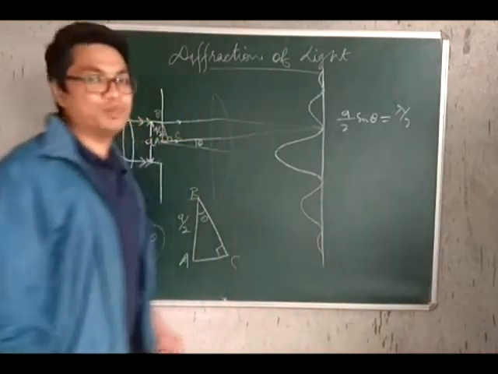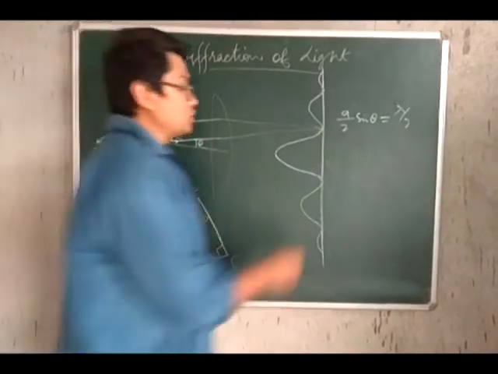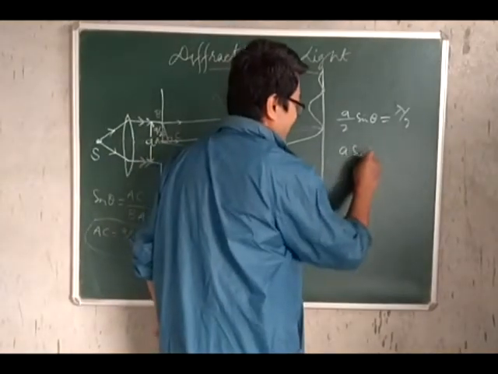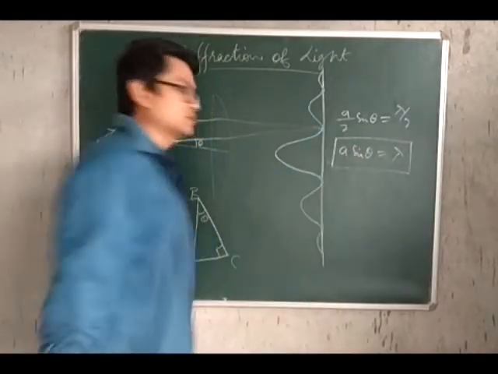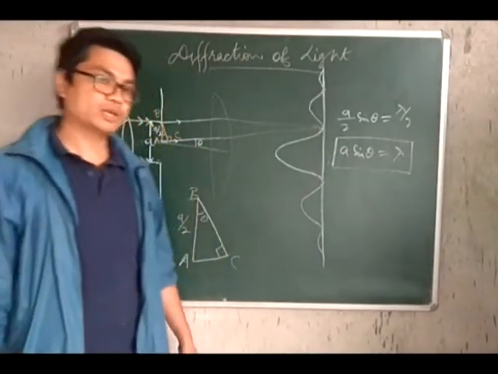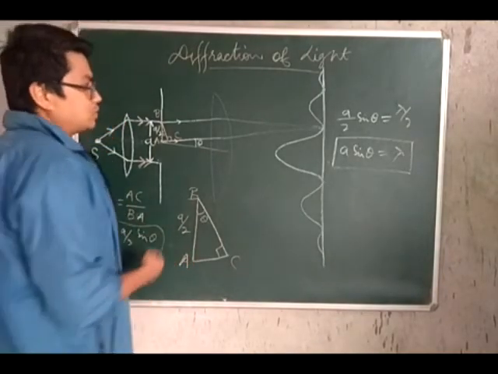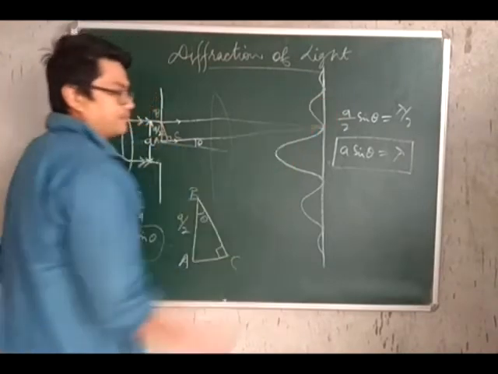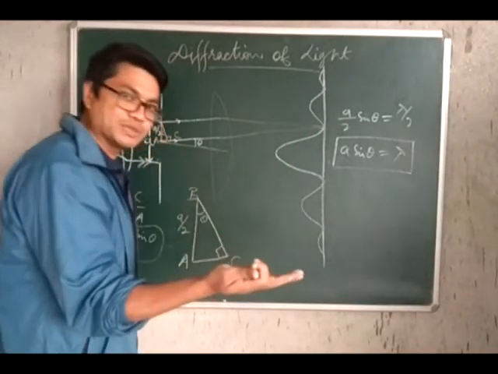This is the condition for the first dark fringe, which eventually comes out to be a sine theta is equal to lambda. So this is the condition for your first dark fringe, remember that. The story for the first dark fringe on the lower side is also the same, remember that.